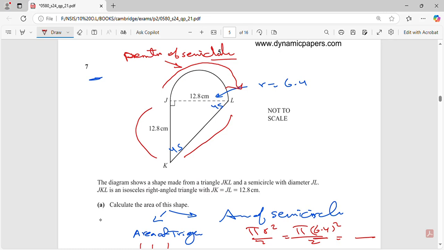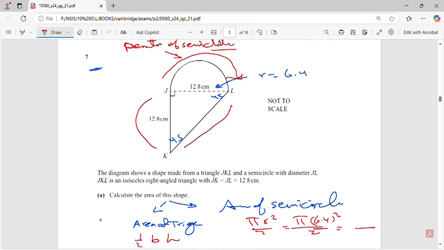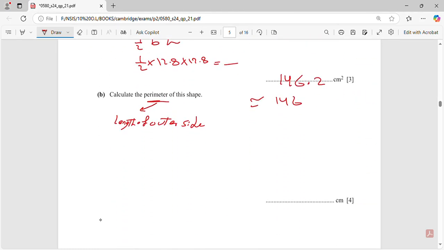So here are these two sides. The first thing I need to figure out is what KL equals. This is KL, and of course this is 12.8. So KL would equal the root of 12.8 to the power of 2 plus 12.8 to the power of 2.